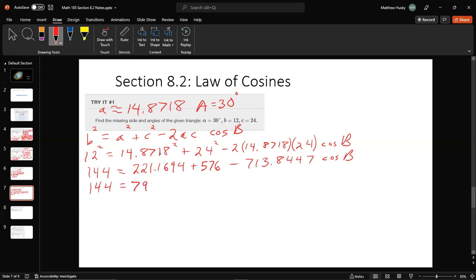So 797.1694 minus this thing, 713.8447 cosine of B. You're going to subtract this right here.